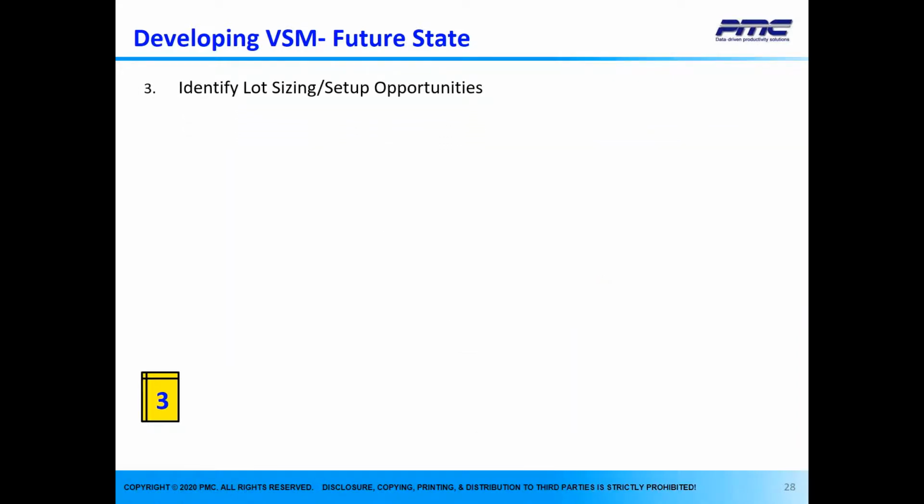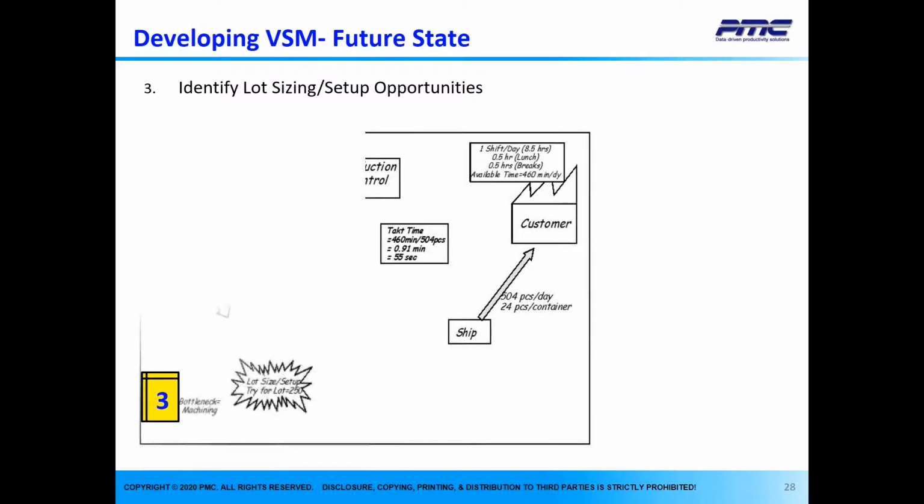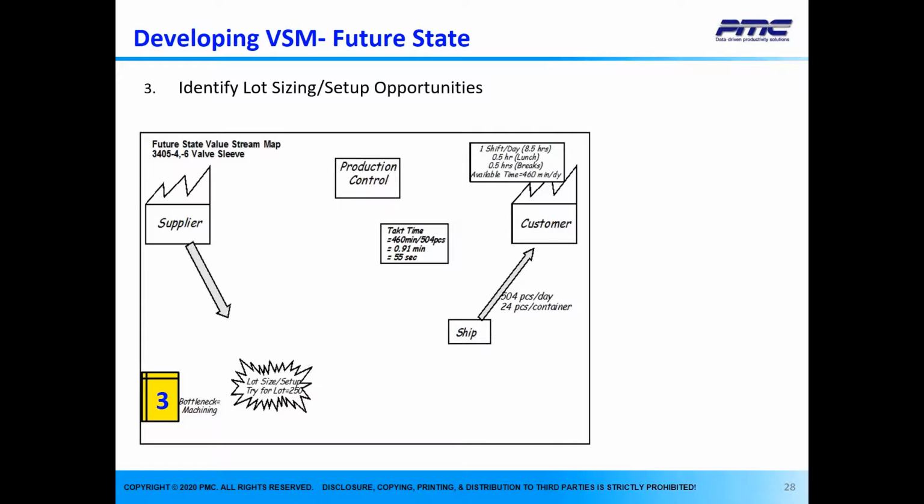So now identifying the lot sizing and setup opportunities. The present lot size was 1,000 pieces, about 2 days production. This requires at least 3 to 6 days of finished goods and prevents daily adjustments to mix or demand. Now, if the lot size were simply cut, it would allow faster response, but additional setup time in machining would use available time.